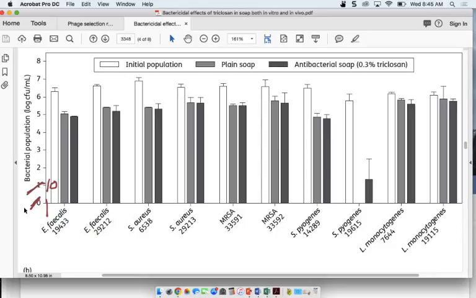That's significant. But going from 100,000 down to 50,000 bacterial cells is not significant, typically. So when we're looking at bacterial populations, if we're trying to determine is there really an effect, we're looking at 10-fold or greater changes, 1 log changes, increase and decrease.